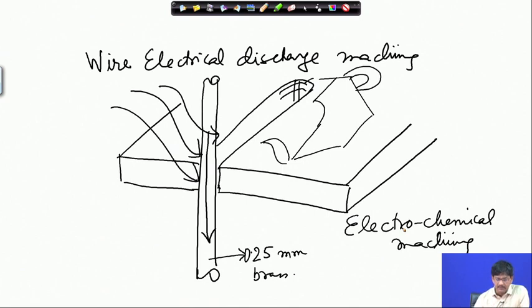This is because wire electrical discharge machining is a method where sparks are deciding the material removal.